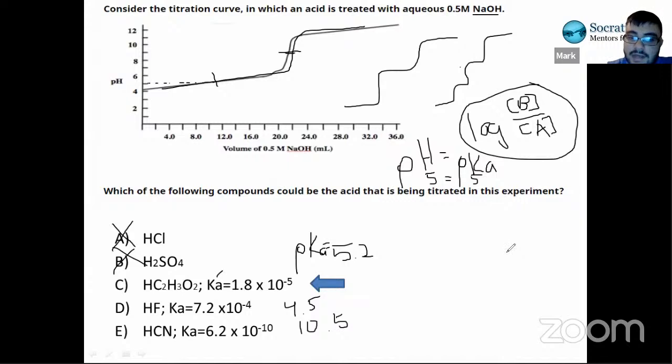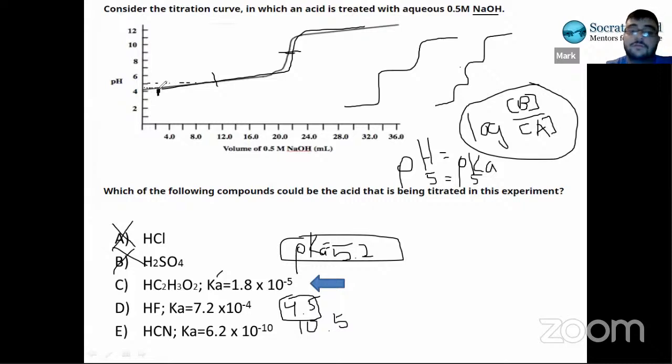Because from the Ka you can find a pKa. The pKa you know has to be 5. This was the closest one that's 5. 4.5 is close, but if you look at the graph, 4.5 would be somewhere right here, which is definitely not at the midpoint.